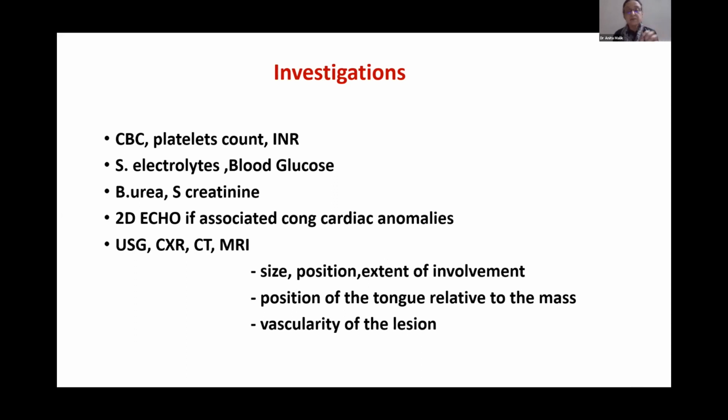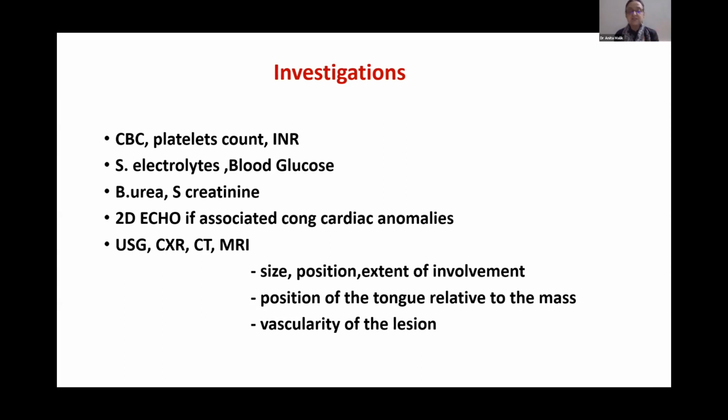Ultrasonography is very important if we do it beforehand, because if there is compression of the trachea with this swelling, with USG we can make out beforehand whether the compression would be relieved if the swelling is shifted or lifted up, which helps in performing the intubation with ease.